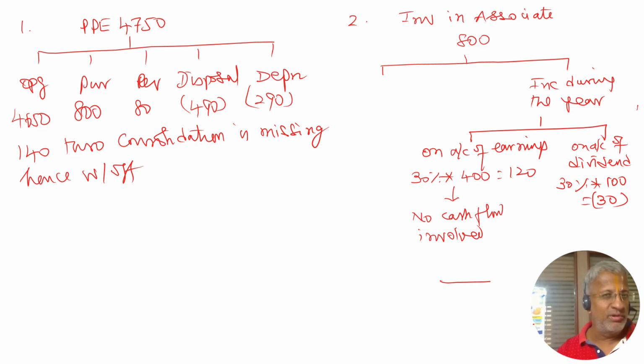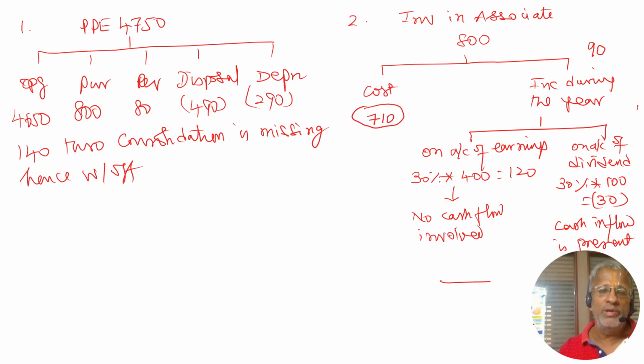So you reduce your investment and increase your cash. This 30 has got to be taken under investing activity inflow. Because of that you take the net as 90, and when you deduct this 90, the opening balance is going to be 710. This will result in outflow of cash as investment in associate, which comes under investing activity.